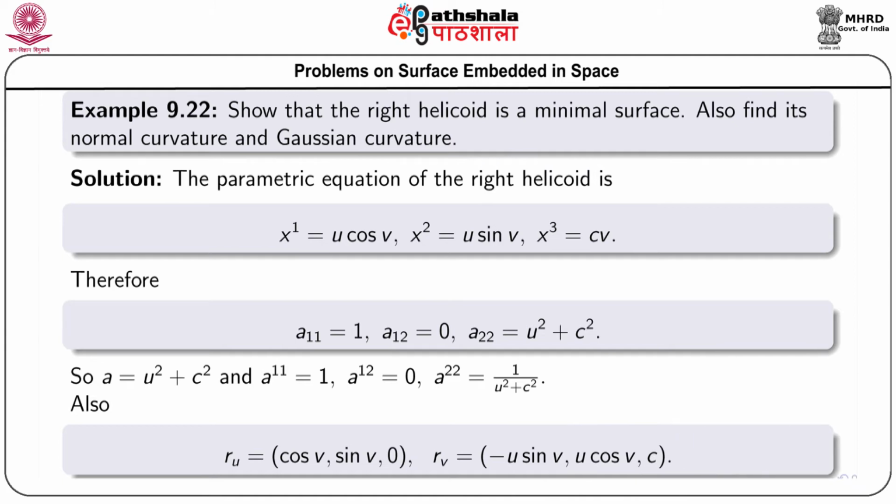Now, also we can find R u, the partial derivative of r with respect to u, and R v, the partial derivative of r with respect to v. From here we can also find the value of xi, because we know that xi equals R u cross R v by mod of R u cross R v.